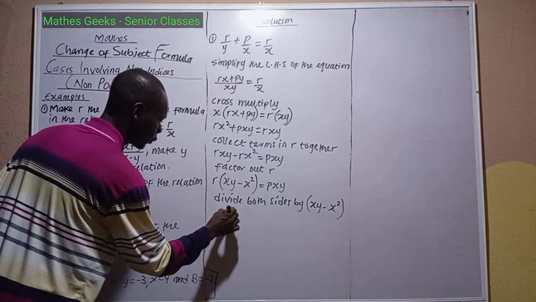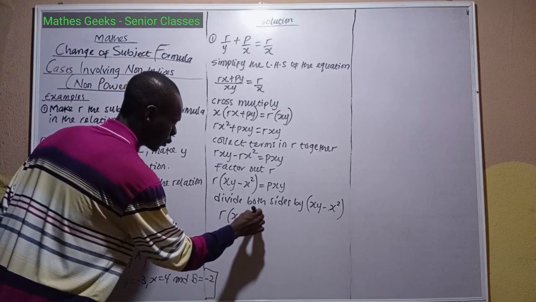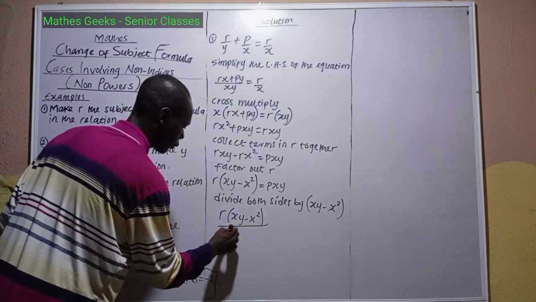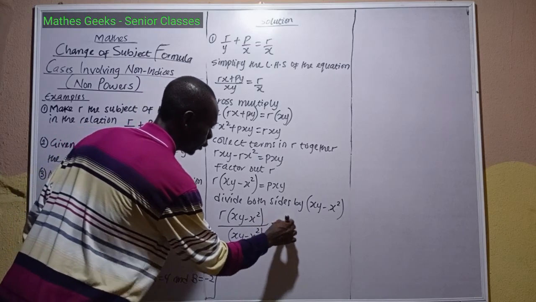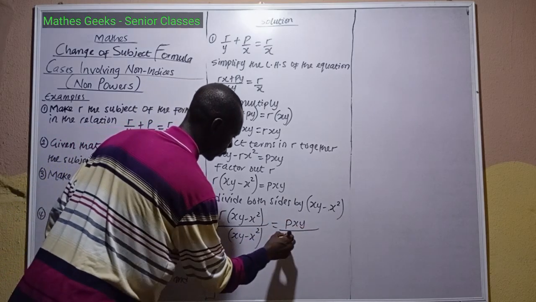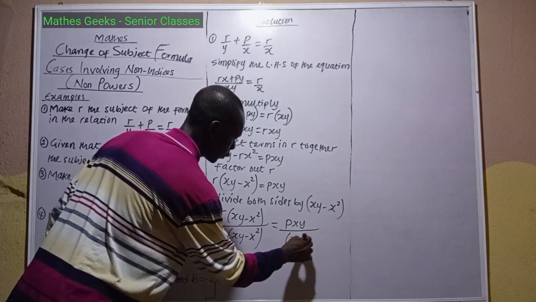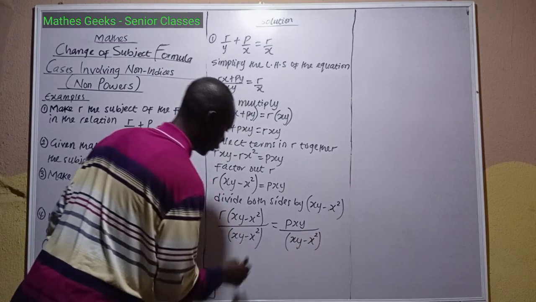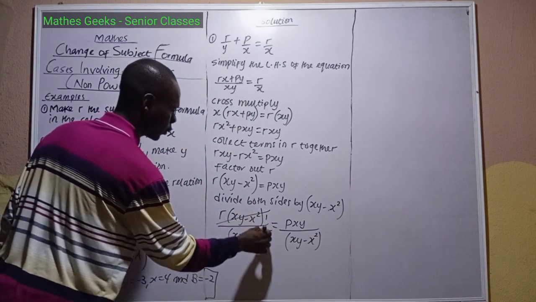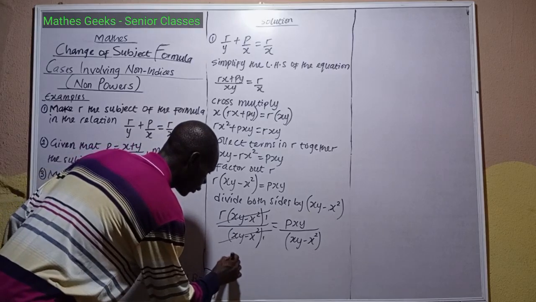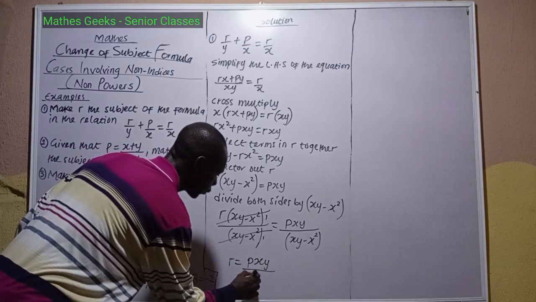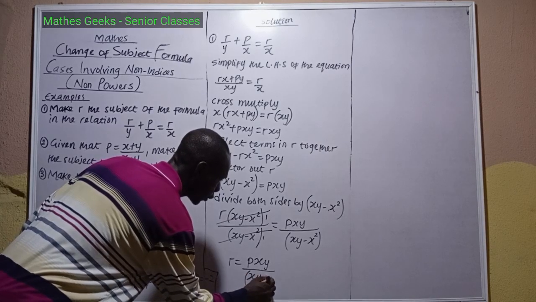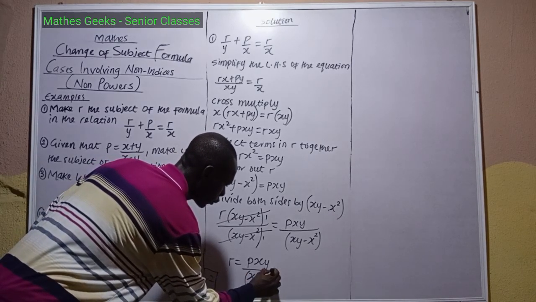So r times (xy minus x squared) over (xy minus x squared) equals pxy over (xy minus x squared).